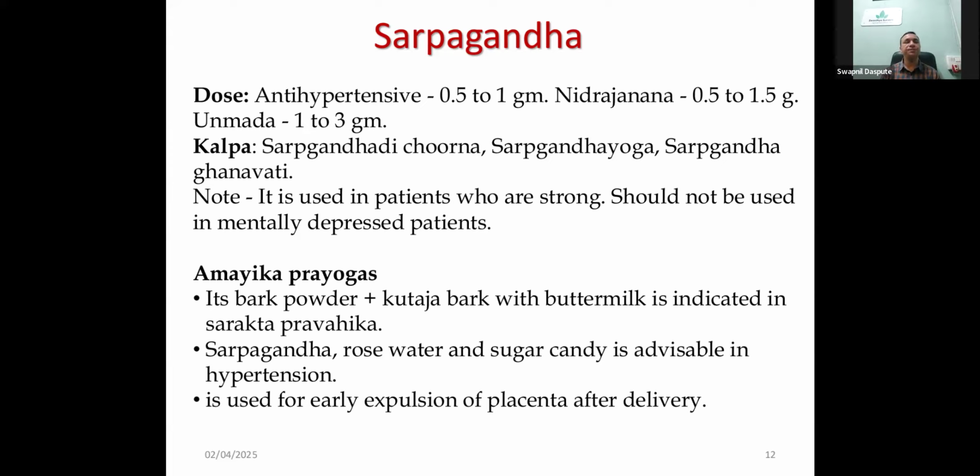So they wisely prepare such combinations, and those are used in their practice.